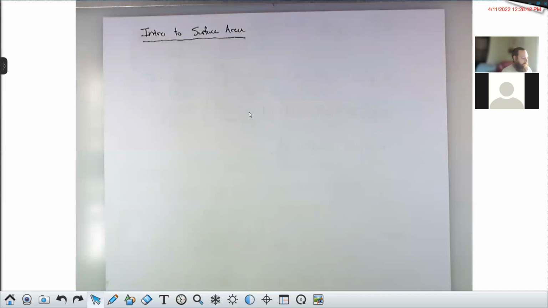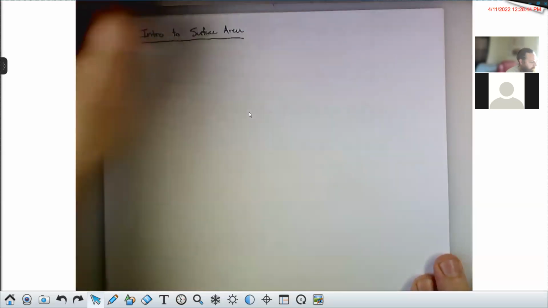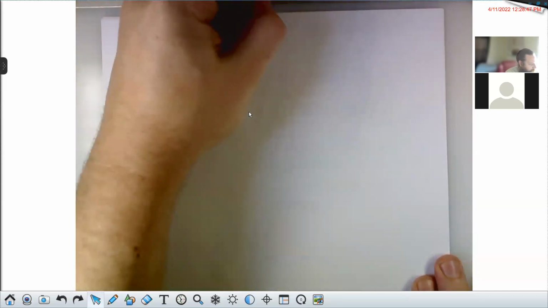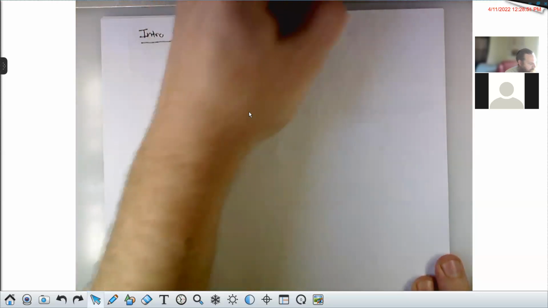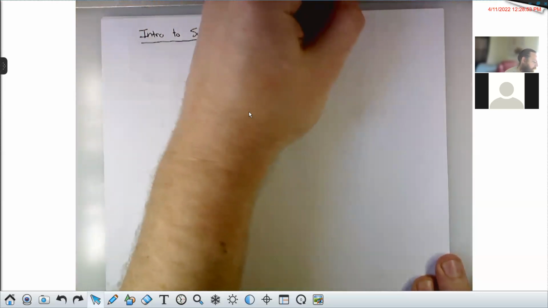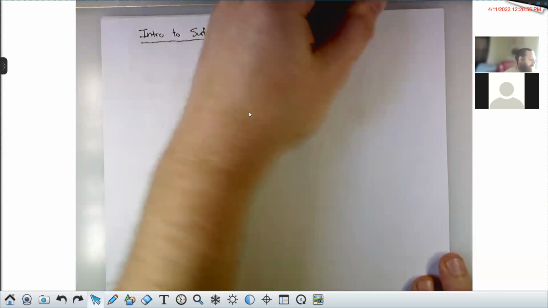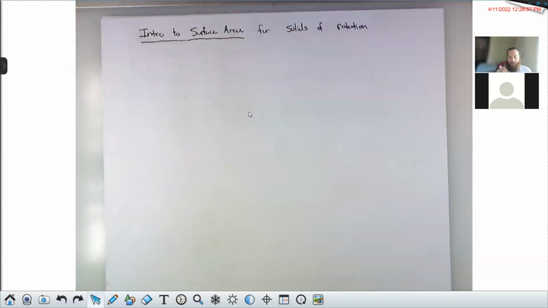We're going to look at surface areas for solids of rotation. So remember, I mentioned last week that we would be shifting back to that mentality we had in chapter 6 when we were finding volumes.